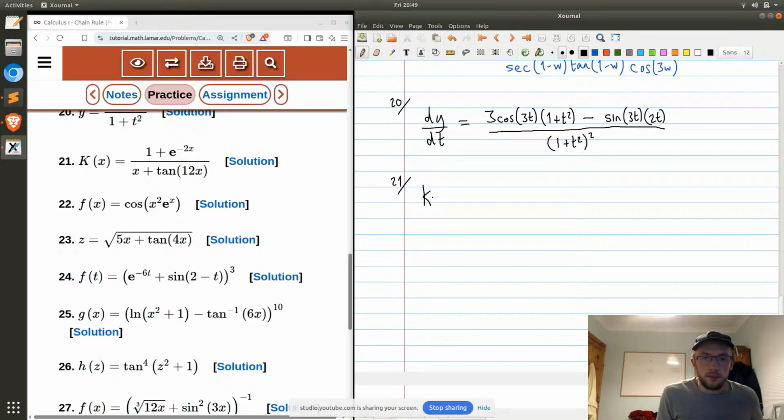So, k prime of x equals differentiate the top. I swear it's just minus 2 e to the minus 2x.